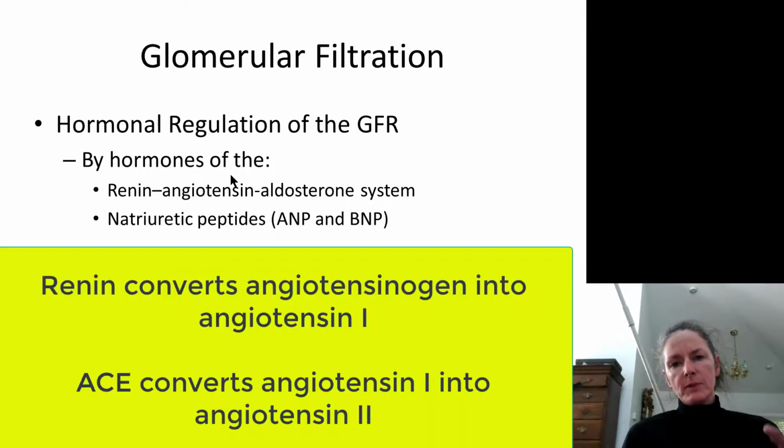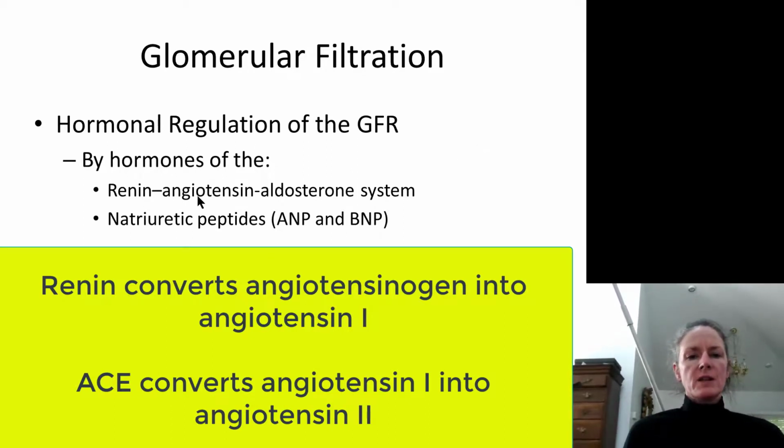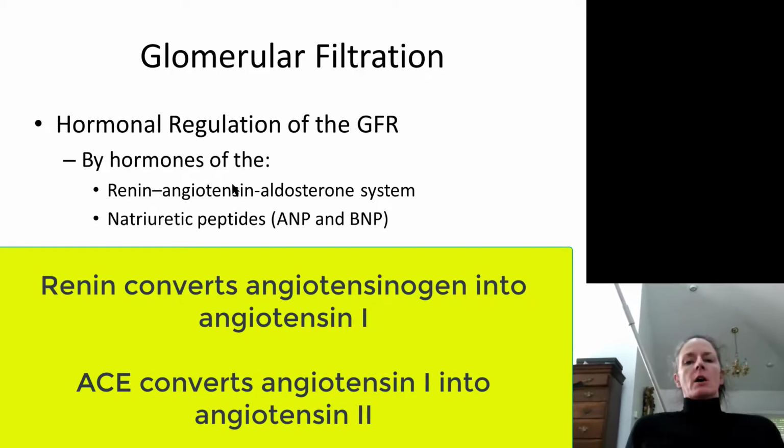This is a little bit of a paradox because the effects are going to be different depending on the amount of renin released and the amount of angiotensin II that eventually is going to be in circulation. This hormone, angiotensin II, also has receptors on the afferent and efferent arterioles, and it will cause the constriction of both of these.